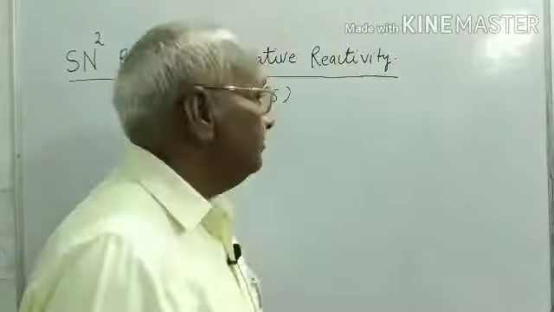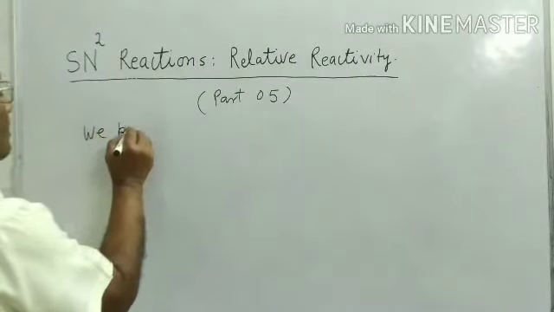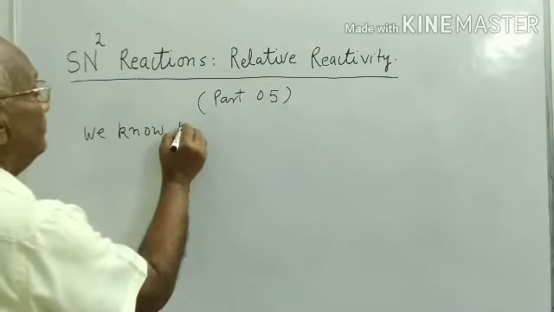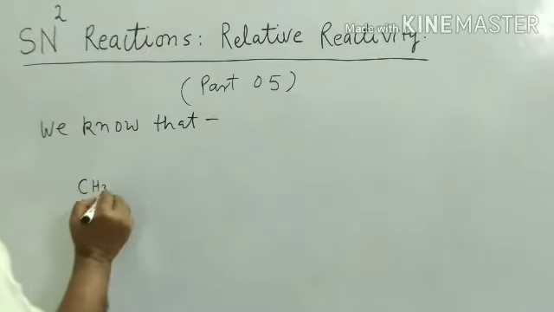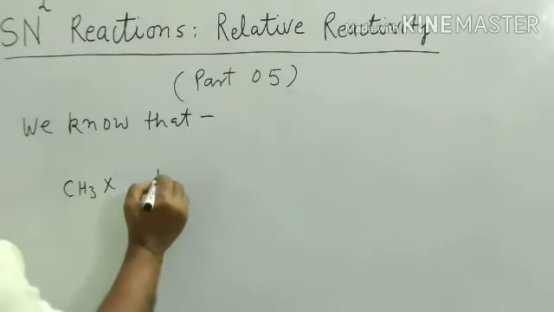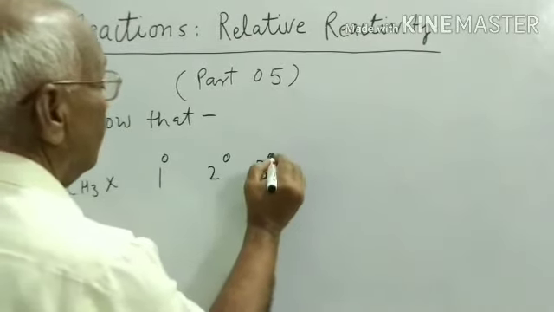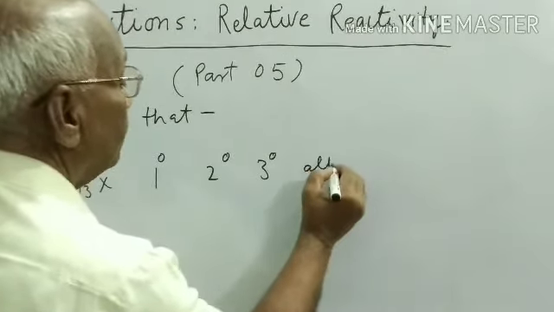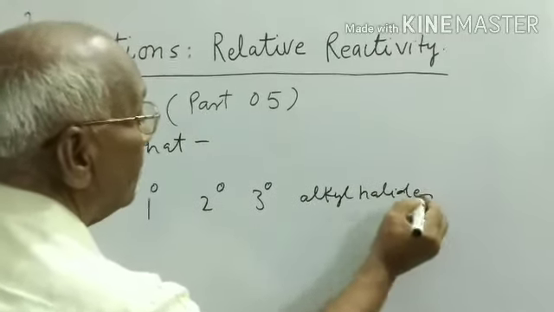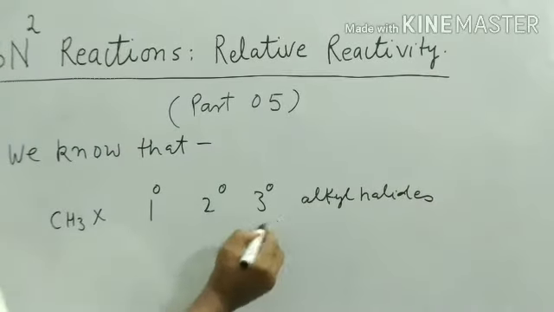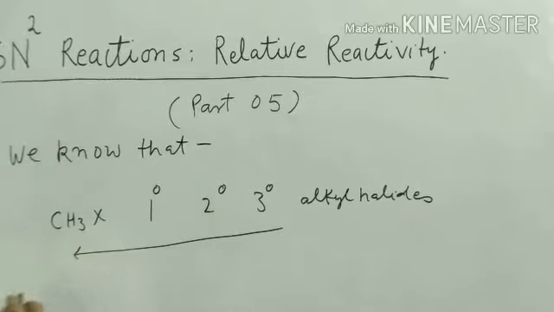We know that alkyl halides, particularly methyl halide, 1 degree, 2 degree, 3 degree alkyl halides, are reactive towards SN2 reaction in the direction as mentioned here.